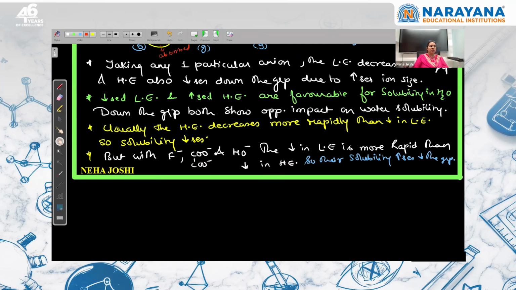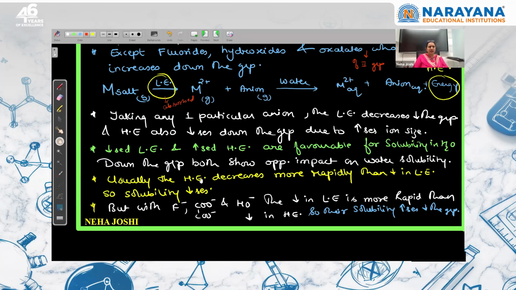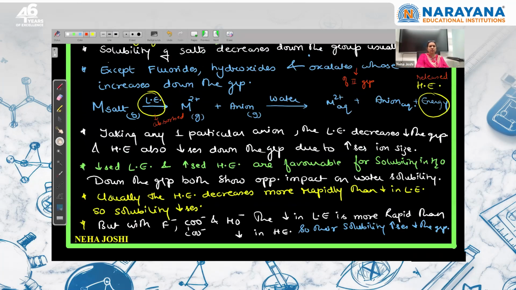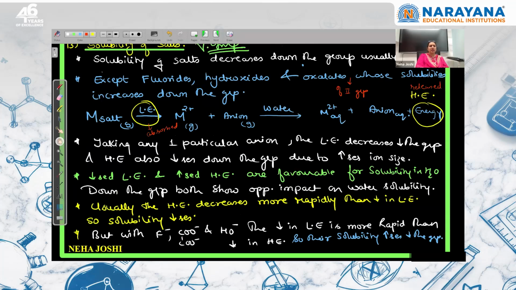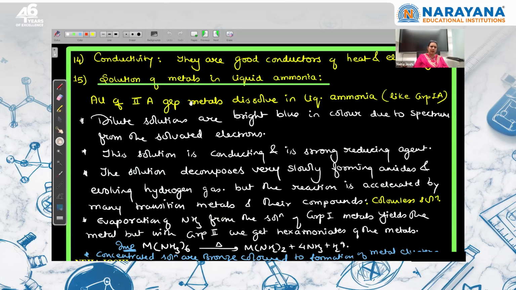This is something so you don't have to cram. If you understand, you can frame your own reason within seconds for which factor decides solubility.